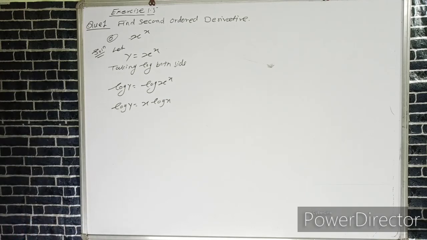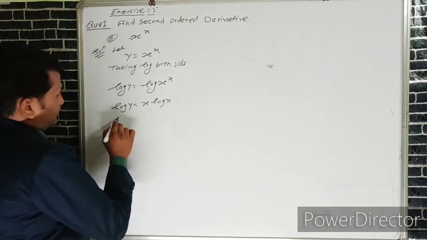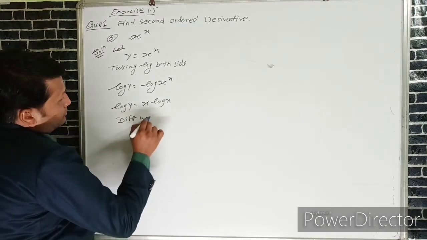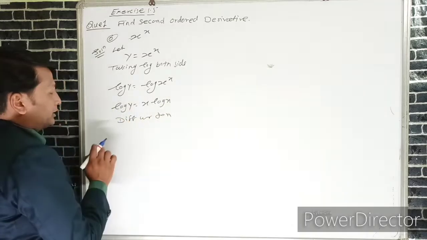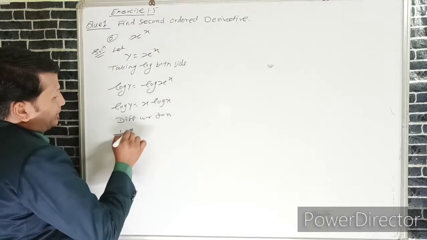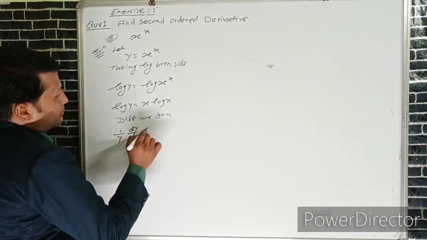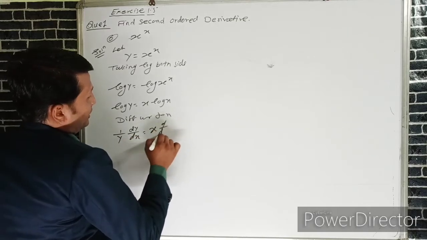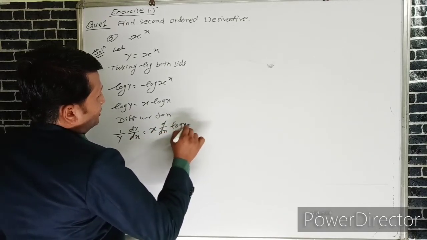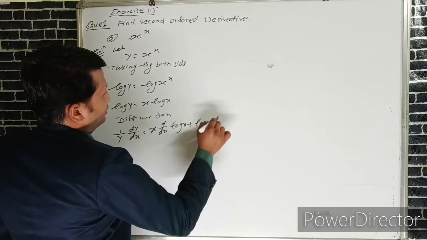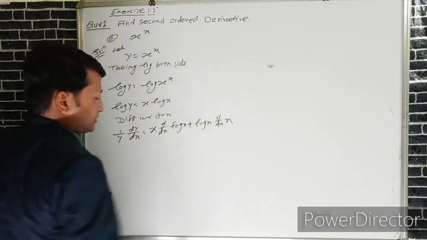If we differentiate with respect to x, then we can write the derivative of log y, which is 1 by y dy upon dx, equals x into the derivative of log x plus log x into the derivative of x.